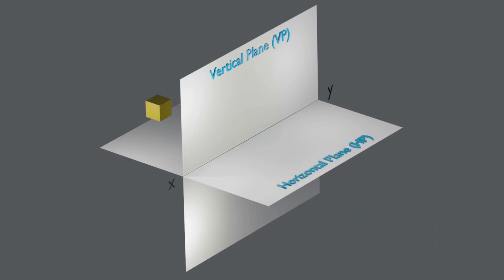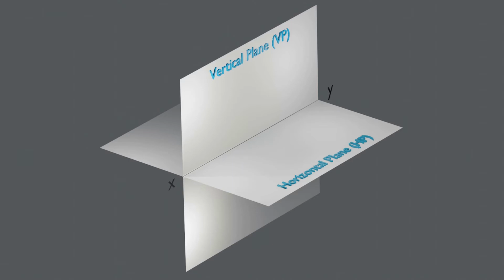If an object is above the horizontal plane and behind the vertical plane, it is in second quadrant. An object is said to be in third quadrant if it is below the horizontal plane and behind the vertical plane. And if the object is in fourth quadrant, it is below the horizontal plane and in front of the vertical plane. Now let's see how the projection of an object placed in the first quadrant is obtained.